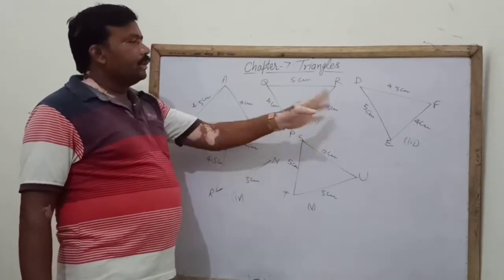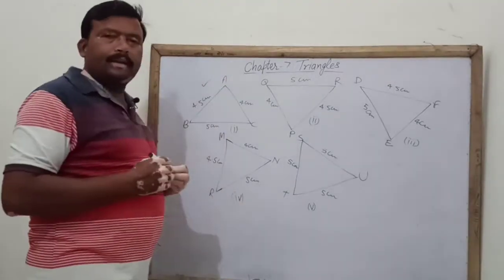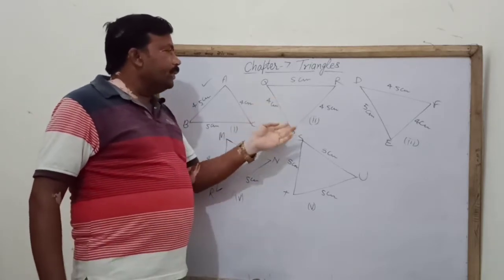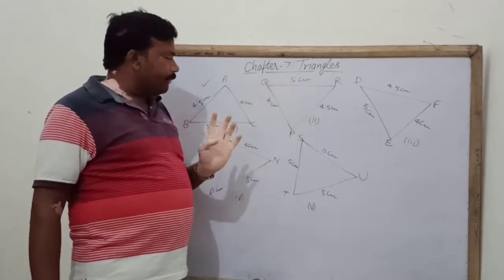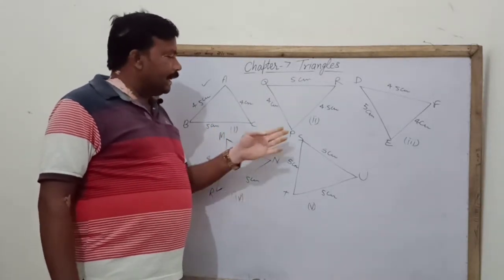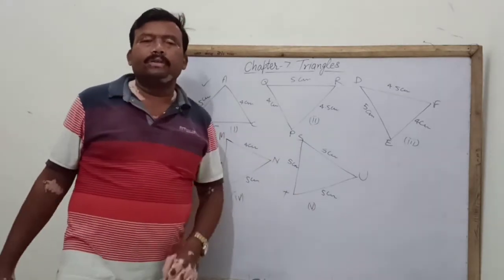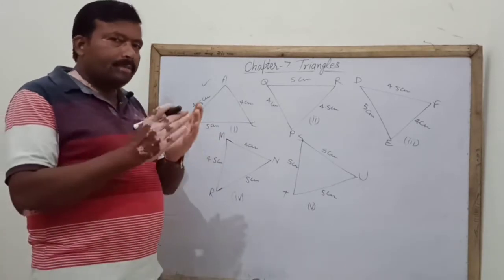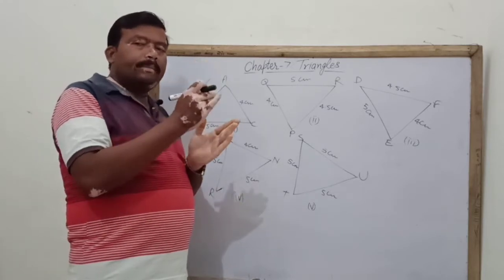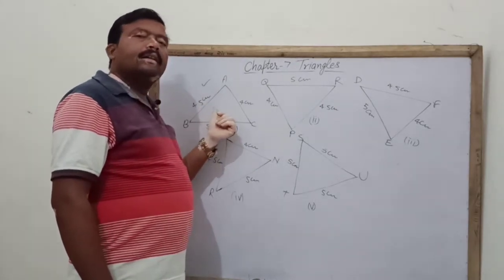Take this triangle ABC, and put the triangles PQR, DEF, MNR and STU one by one on triangle ABC, and observe which triangle is covering triangle ABC perfectly.